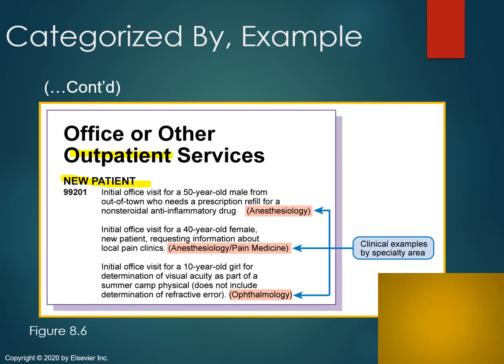So this is an outpatient or inpatient. This is a new patient, outpatient. And the example that they give us right over here, the patient needs a script for a non-steroidal anti-inflammatory drug, an NSAID, right?